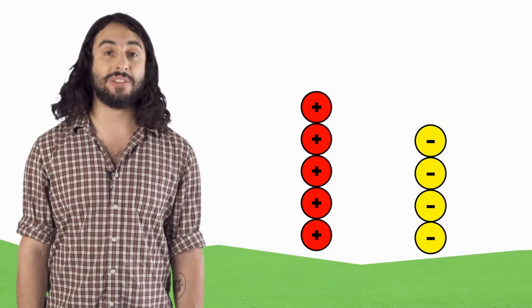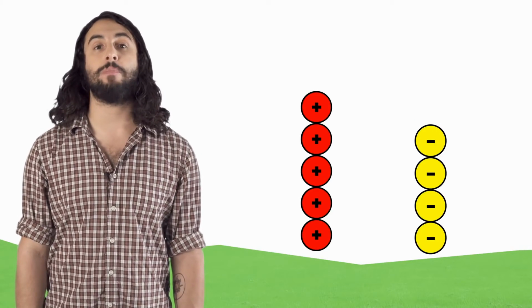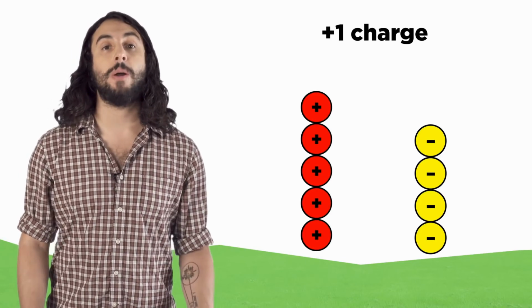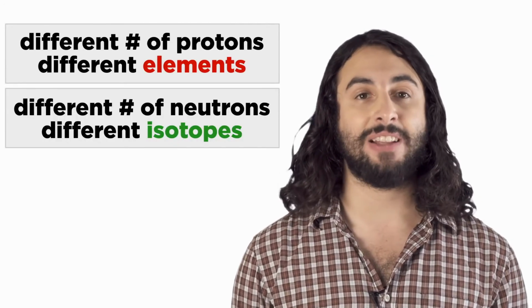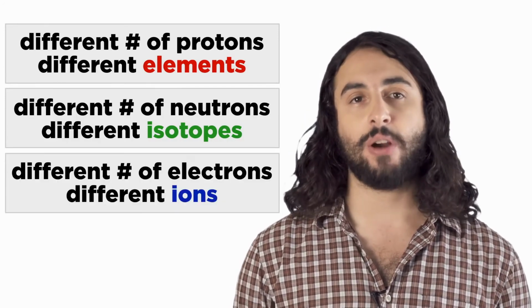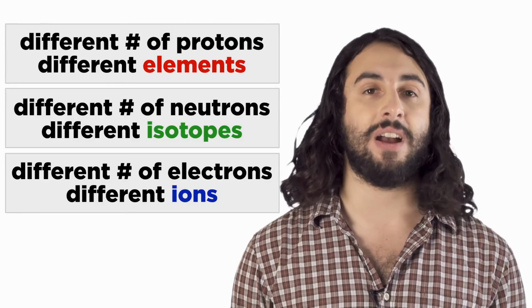If instead it loses an electron, it will lose a negatively charged particle, and there will now be 1 more positively charged proton than there are electrons, so it will have an overall +1 charge. So particles with differing numbers of protons are different elements. Particles of a given element with differing numbers of neutrons are different isotopes. And particles of a given element with differing numbers of electrons are different ions.